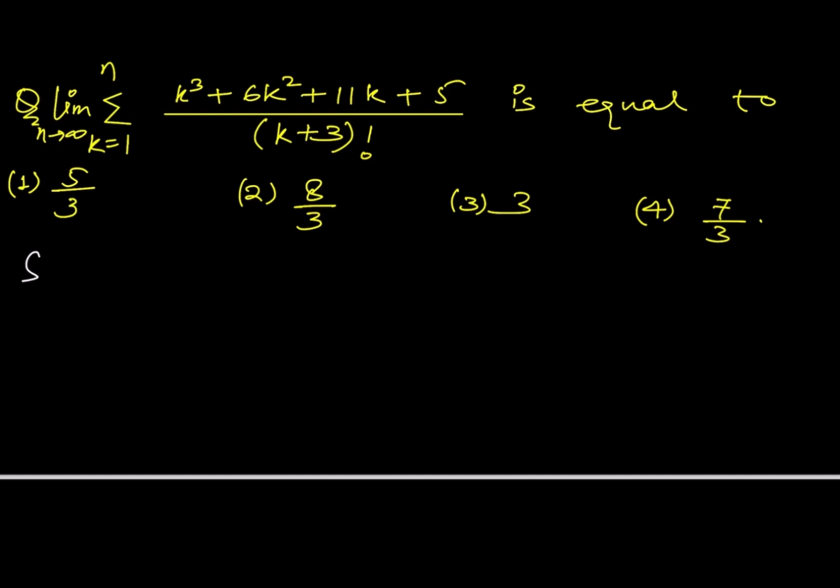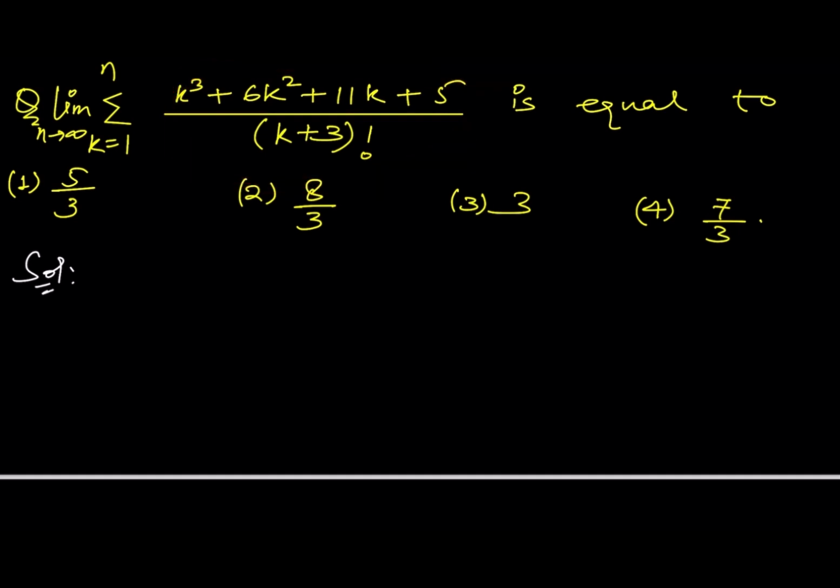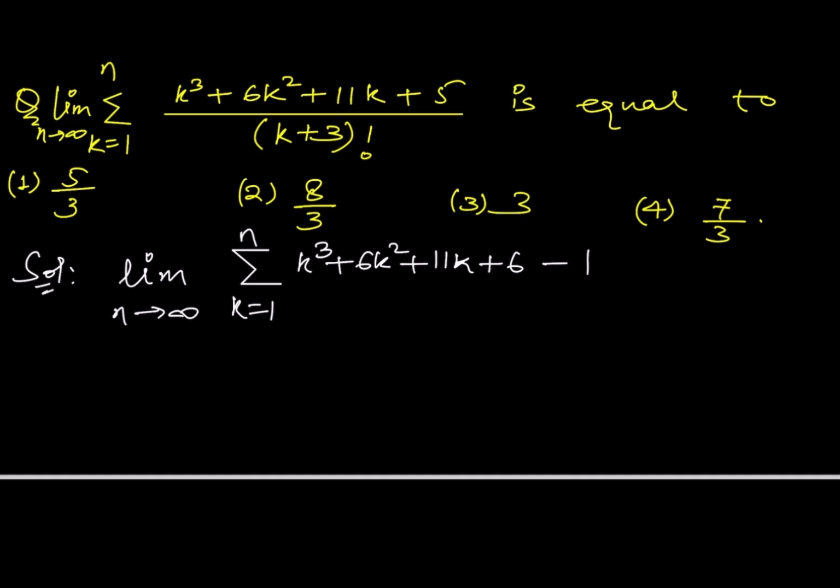Okay, so if I see carefully the argument of the summation, this thing reminds us of (k plus 1)(k plus 2)(k plus 3), means factors of k plus 1, k plus 2 and k plus 3, because I can write this summation as (k cube plus 6k square plus 11k plus 6 minus 1) on (k plus 3) whole factorial, right?